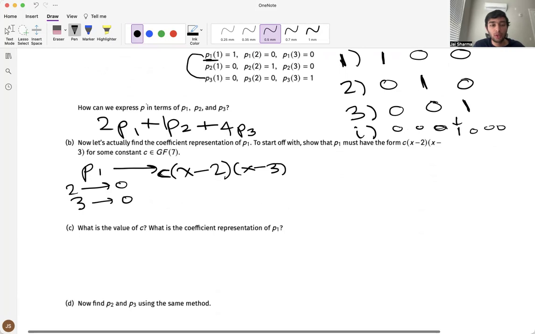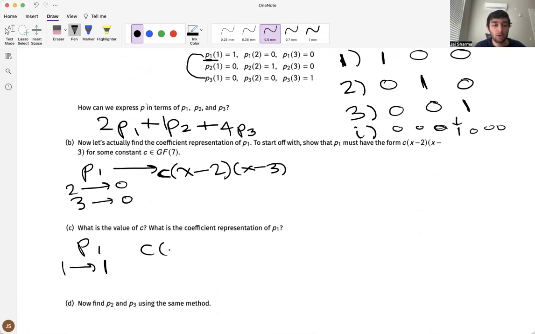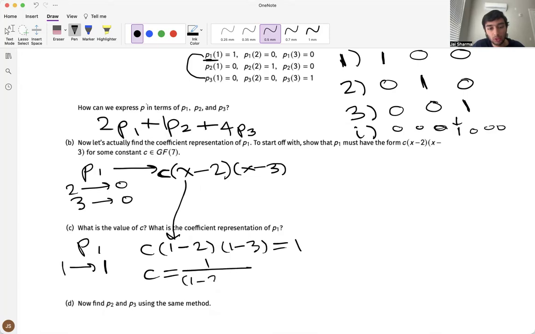So what we want to do is take into account that if you put in a 1, you'll get back a 1. If I put in x equals 1, 1 times 1 minus 2, 1 minus 3, I should get 1. Now I can say C is equal to the reciprocal of 1 minus 2 times 1 minus 3.